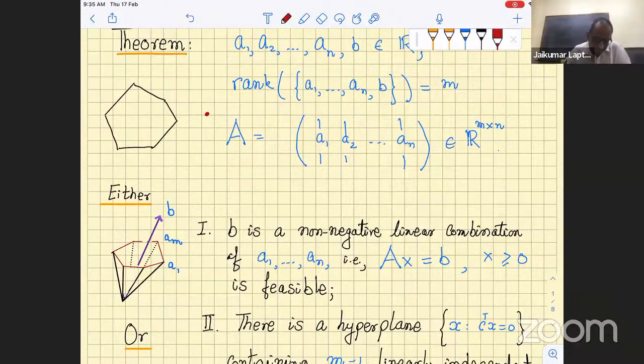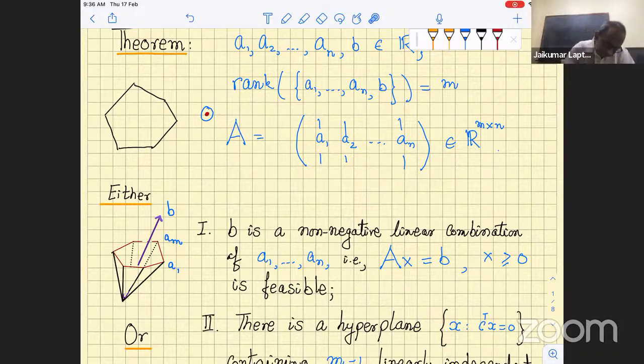Then from our old plane intuition, we know that either this point is inside the polygon, or, if it is not inside the polygon, then there is some sort of a line which separates them. But actually, if you think about it, one of the edges of the polygon itself, when extended, must separate them.